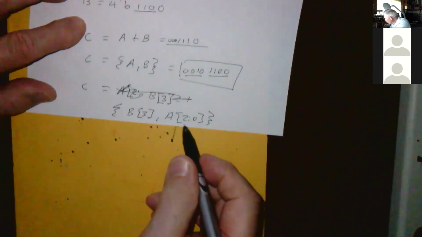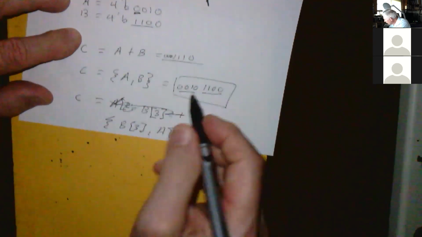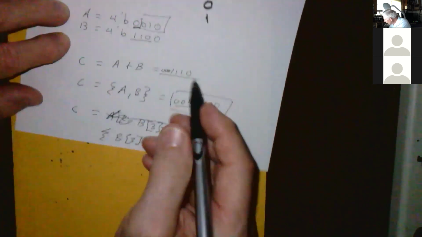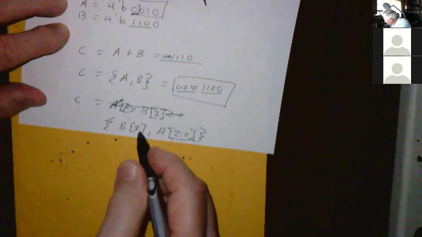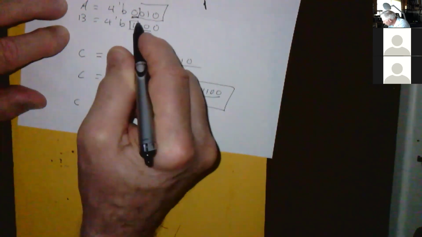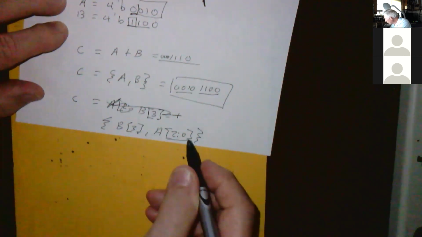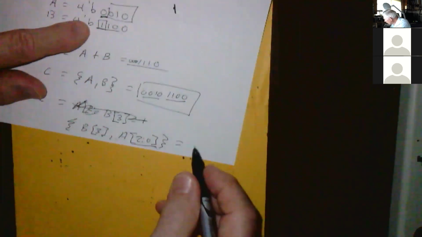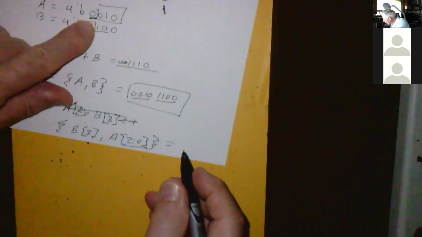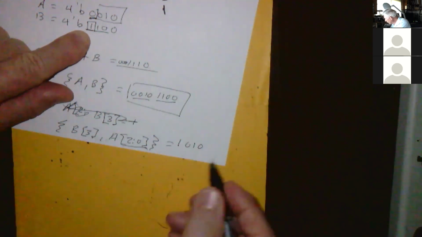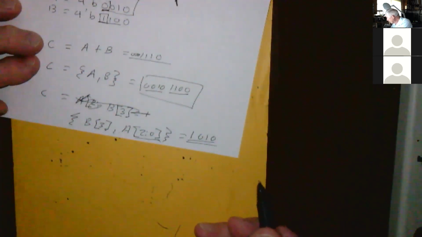So we're taking the lower 3 bits of A, which would be say these right here, and we're taking the upper bit of B, this one here, and we're combining the B upper bit with the lower 3 bits of A, and so that would give us, in this case, 1 0 1 0 as our 4-bit answer.